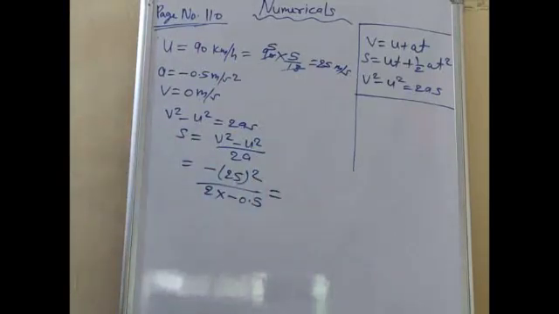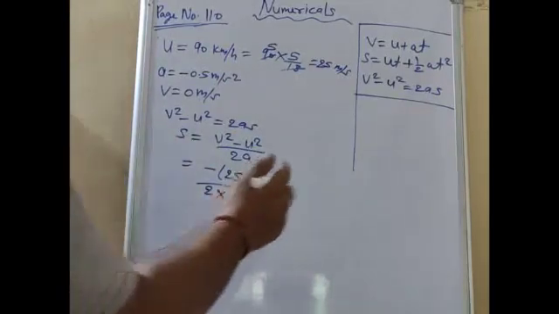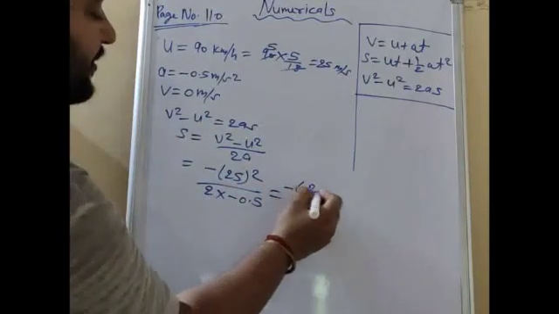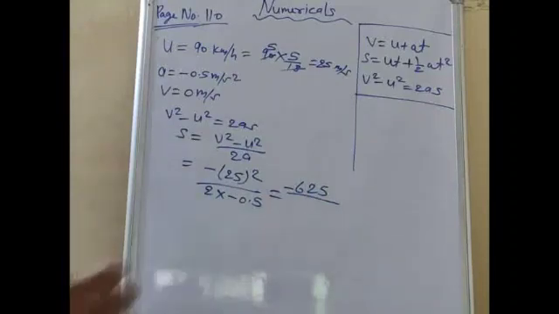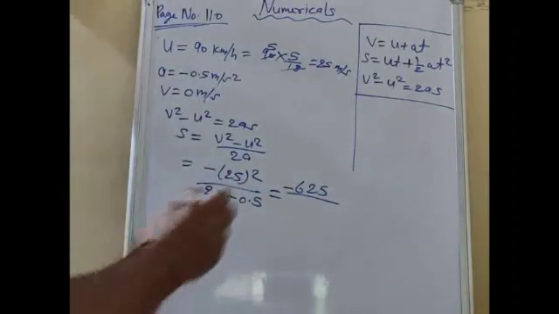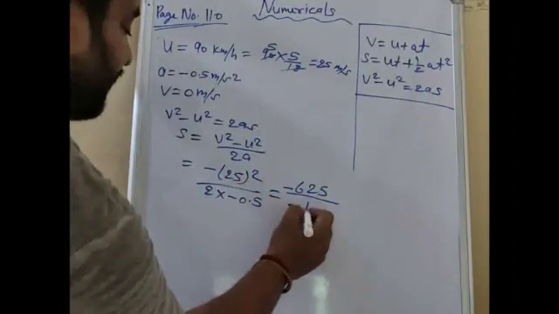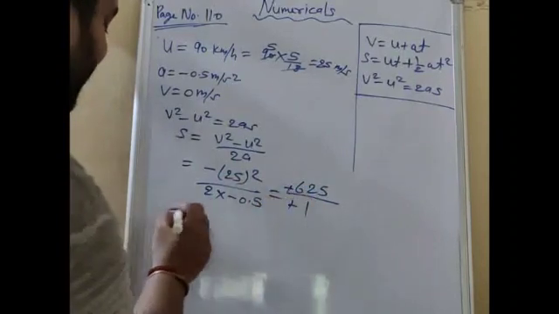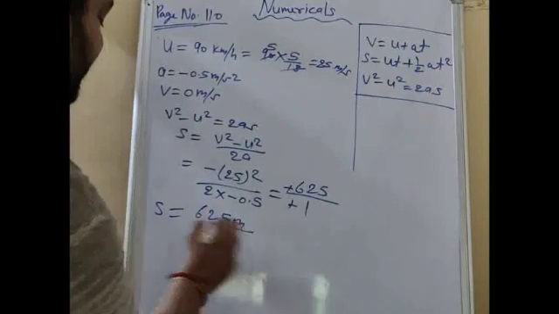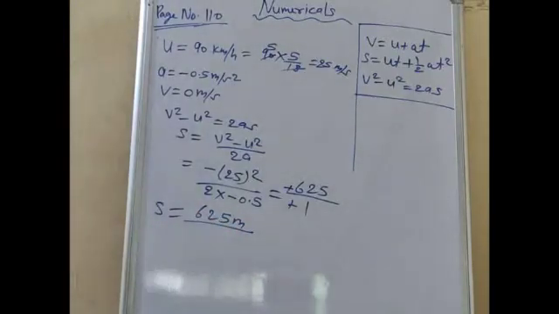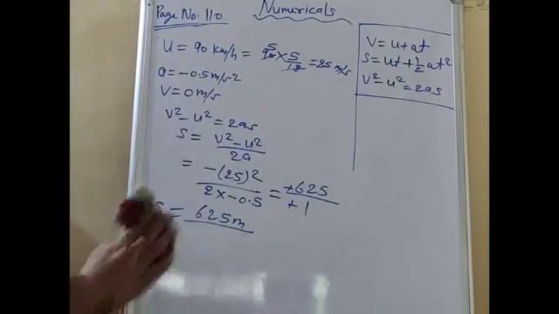Just square of 25 is 625. So minus 625 divided by minus 1. Minus minus cancel. Answer will be s is equal to 625 meter. Understood how to find? Let's see the third one.